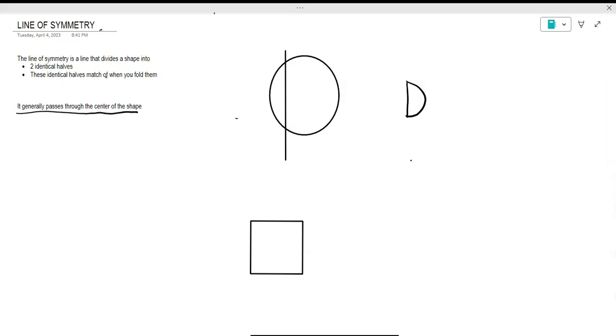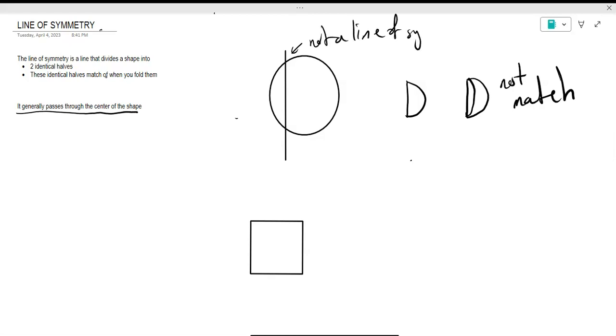And then when you try to fold these two parts, you get something like this. The larger part, and then the smaller part is kind of there. So these are not identical, they don't match. So it means that this line is not a line of symmetry.